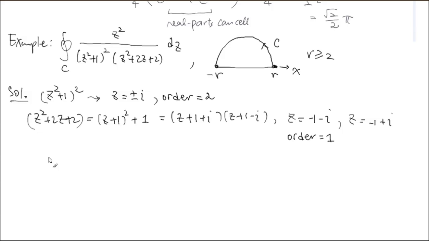So here is a review of the residue of f of z at a when it is the simple pole case. If you're looking at f of z and calculating the residue, and it's a simple pole, how do you do that? We multiply by z minus a, right?